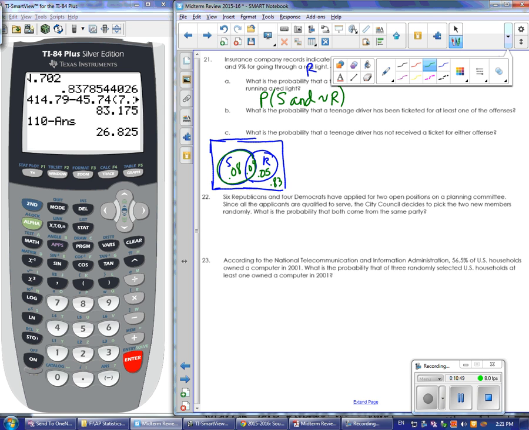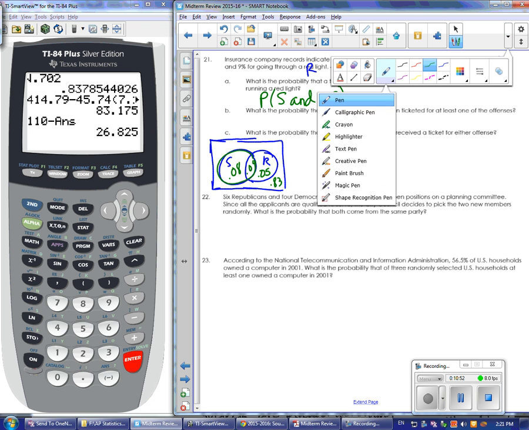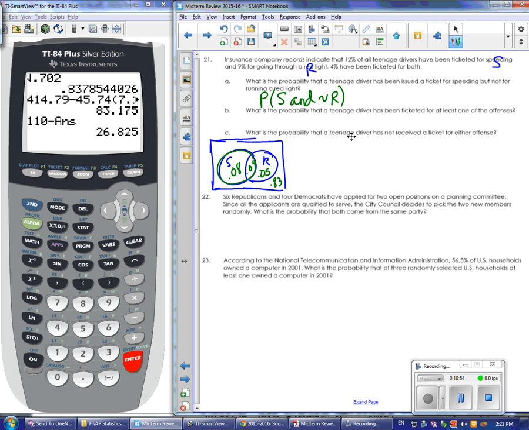I'm going to use a highlighter here, and let's start with yellow. So if I'm looking at the probability that the teenager is speeding, then I'm going to go ahead and color in this area here.